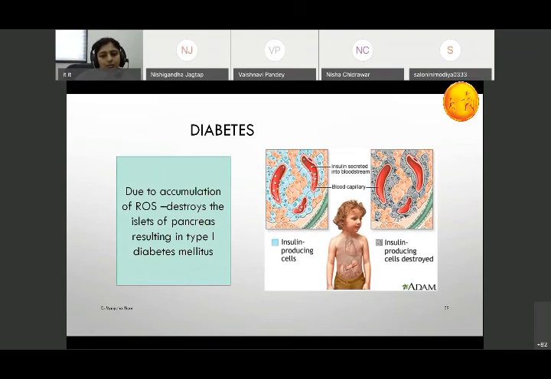But if the reactive oxygen species start destroying the cells of the islets of the pancreas, then the insulin producing cells are destroyed, hence there is no insulin production. The islets of the pancreas are hampered and disrupted. This mainly occurs in type 1 diabetes mellitus patients.